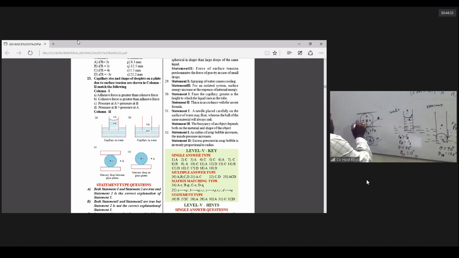External pressure is there, one more: atmospheric pressure plus adhesive forces. Atmospheric pressure should be greater than the internal, then the force due to surface tension, that is the cohesive forces, develops the pressure.